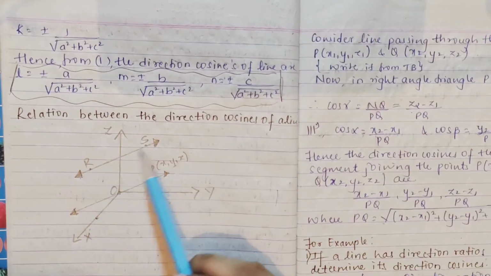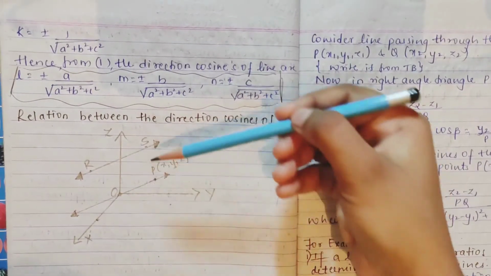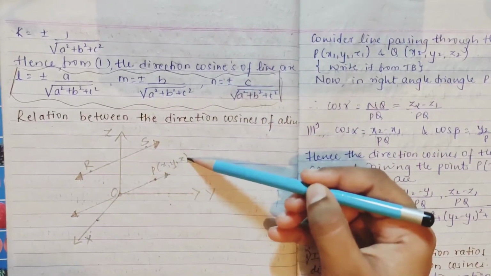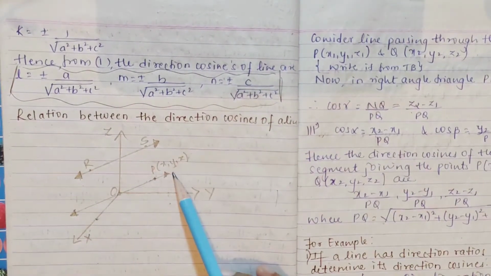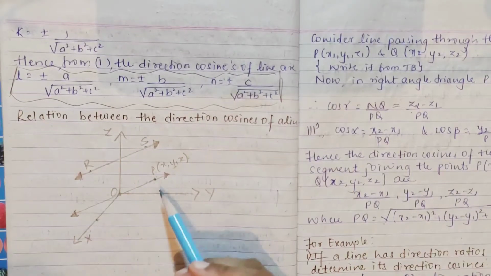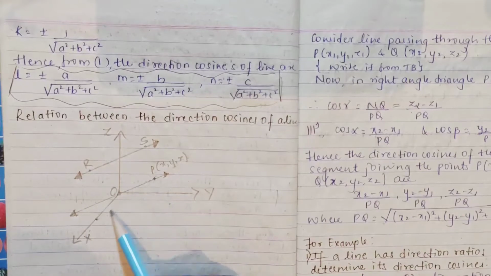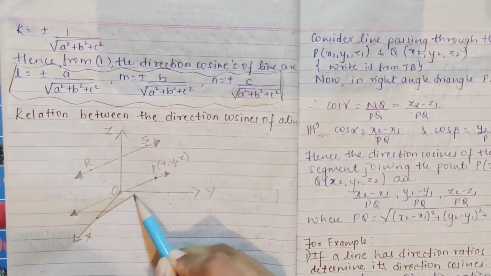So this line with your direction cosines will be l, m, n. Parallel to the same one, a similar parallel line I have drawn with the point P, x, y, z, and this is passing through your origin O. Now what I am going to do is draw a perpendicular line from P. Perpendicular means like this it will come, right? See, like this.